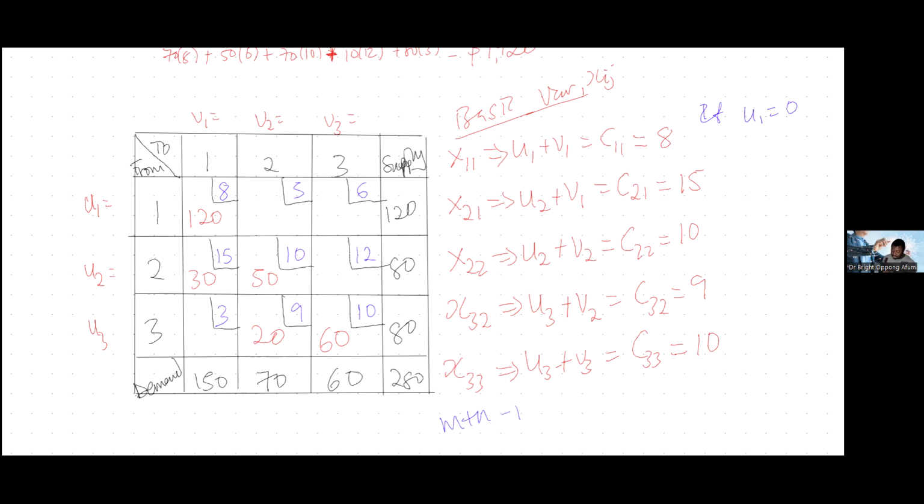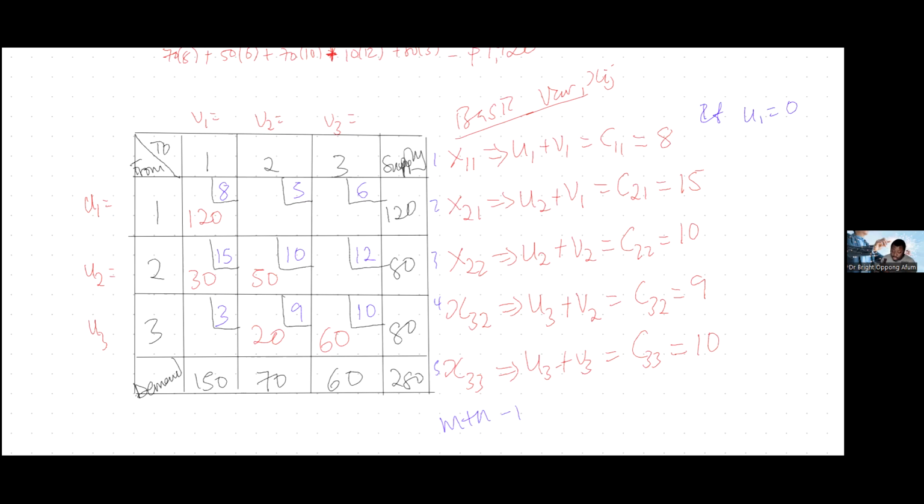So this is 5: 1, 2, 3, 4, 5. We need 5 occupied cells to make sure that it is balanced. If not, we have to treat it, and we'll look at what to do if it's not up to that value.